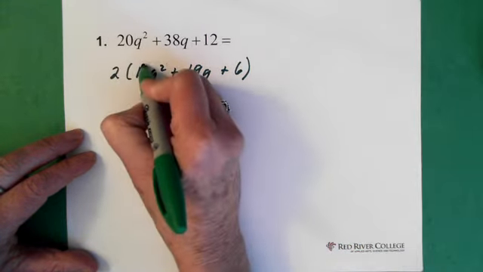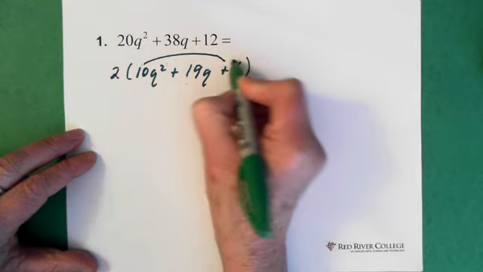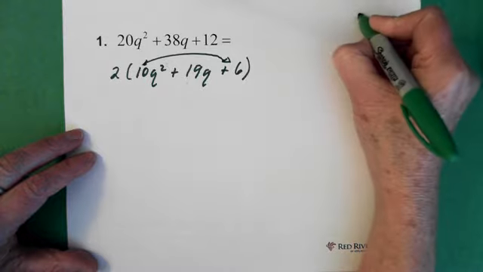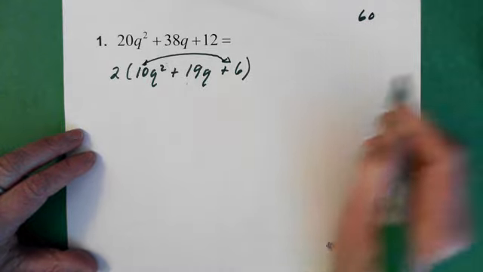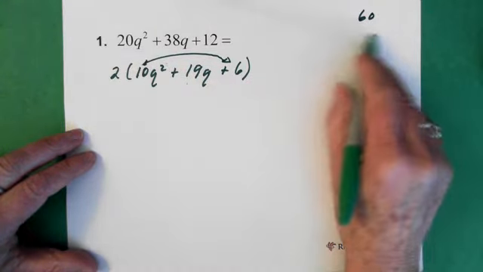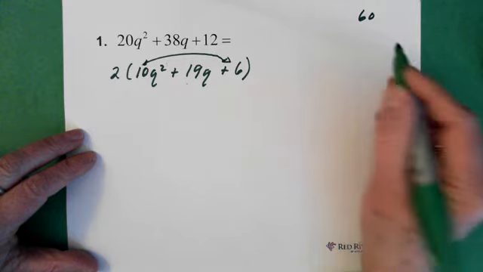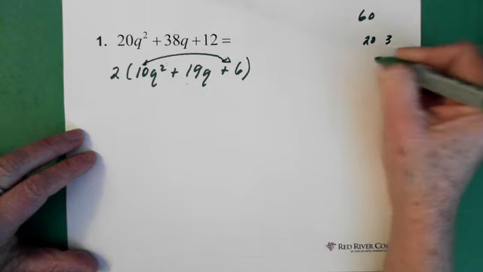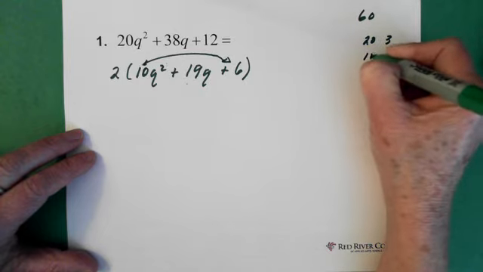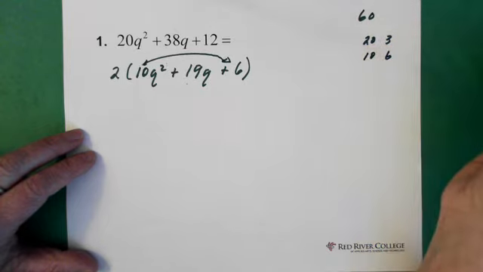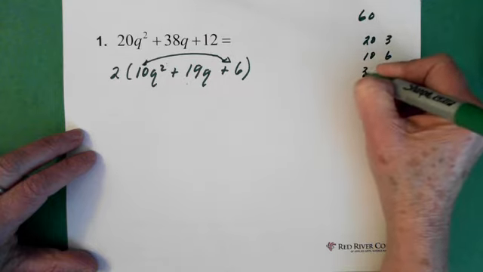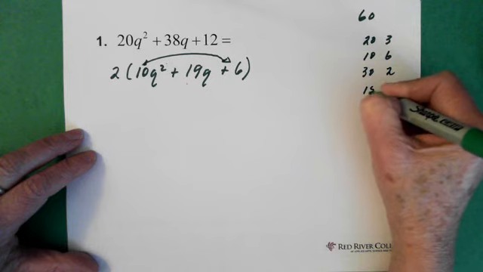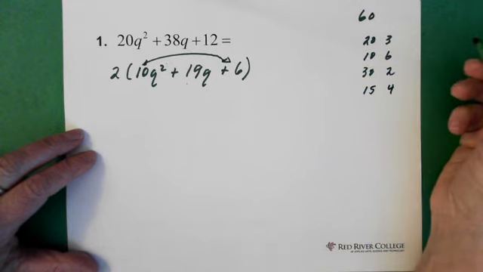Now, again, I multiply the first and the last constant, and I end up with 60. Then I ask myself, what times what will give me 60? So I know 20 times 3 will give me 60, 10 times 6, 30 times 2, 15 times 4.